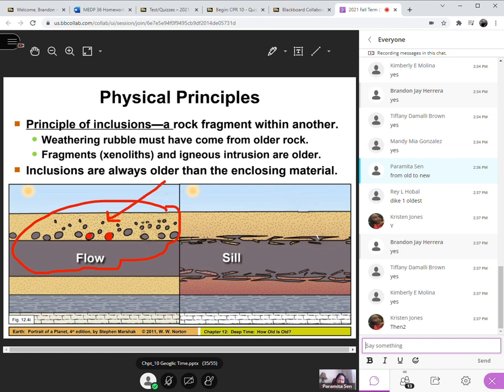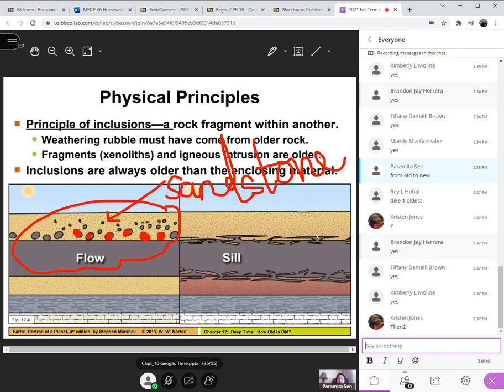For example, this is sandstone, and there are small rock fragments called xenoliths found inside the sandstone.